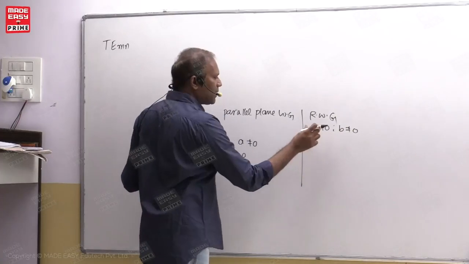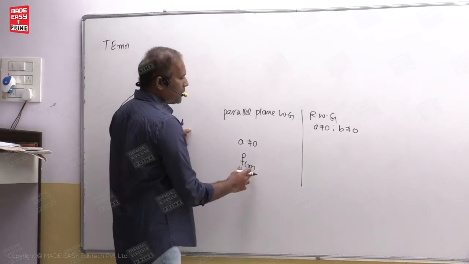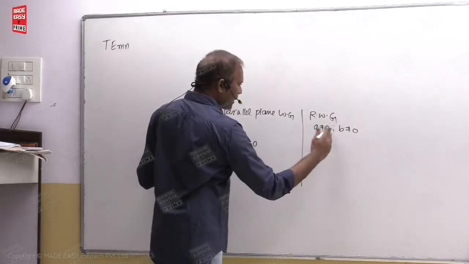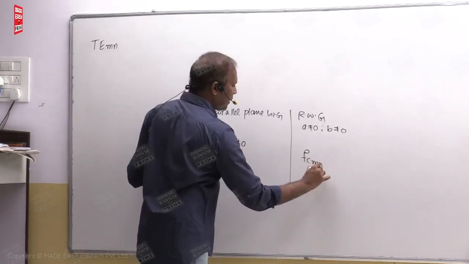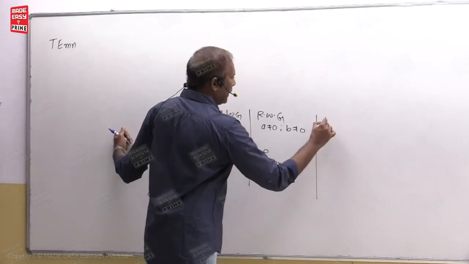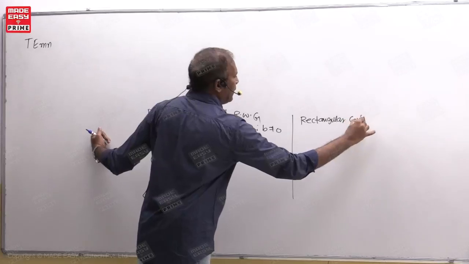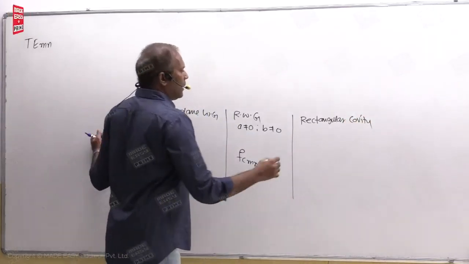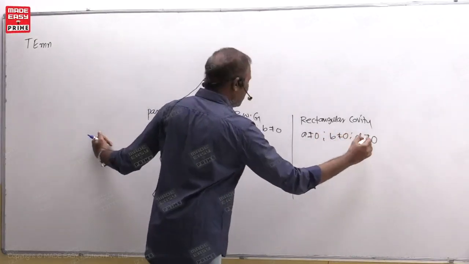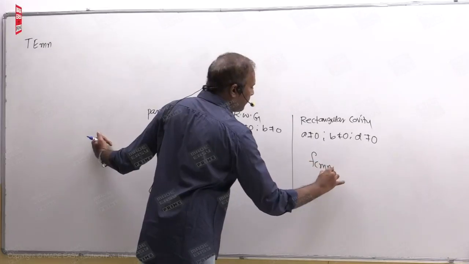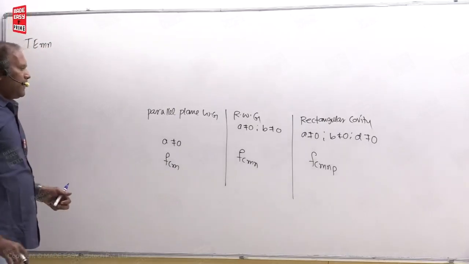That means in A direction also it is bounded. Here only in x direction it is bounded. One integer you got. Here in both directions, x direction and y direction, bounded. So FC MN you get. Two integers you get. In rectangular cavity, A not equal to 0, B not equal to 0, D not equal to 0, you get FC MNP. Three integers you get. In three directions integers you get. So that is the discussion, right?